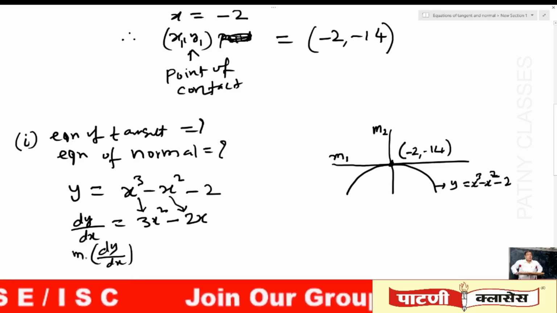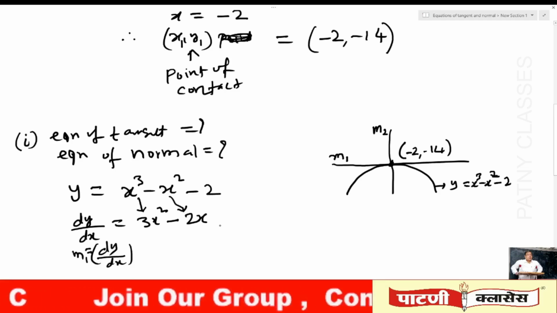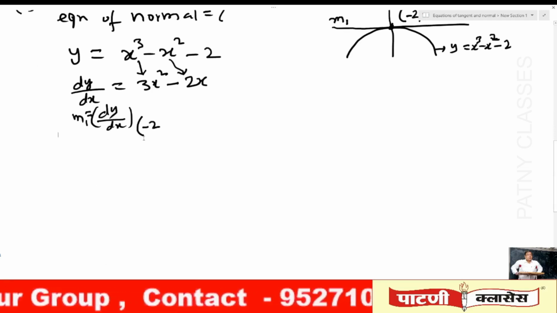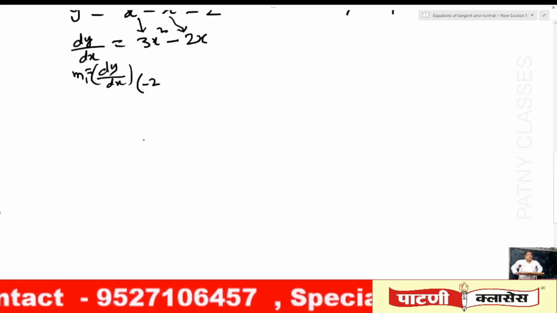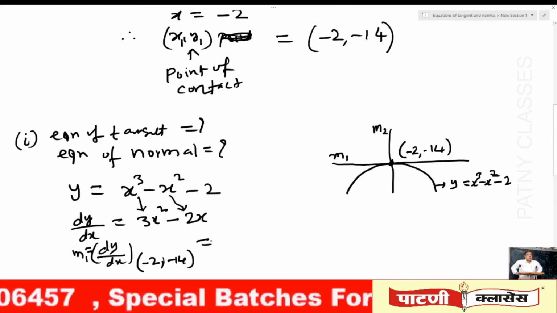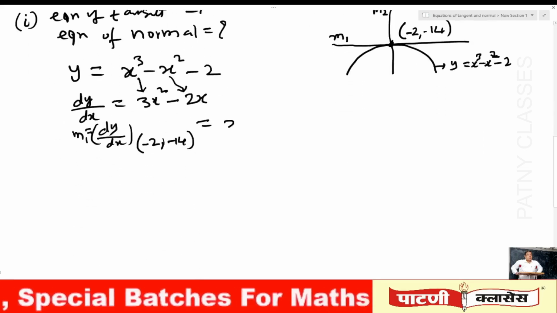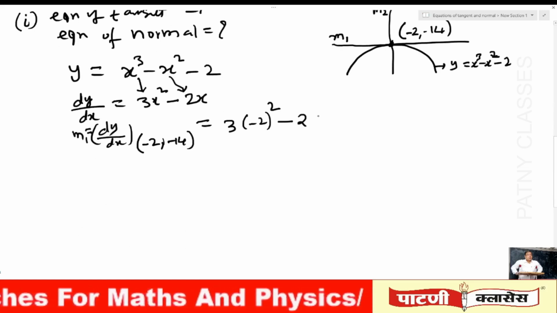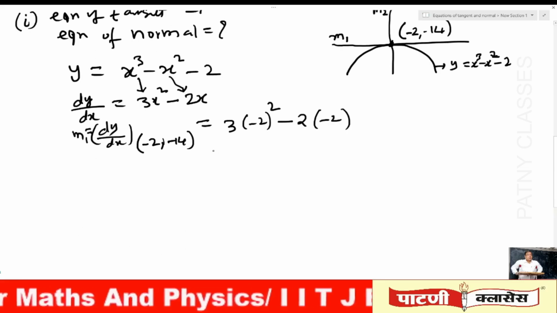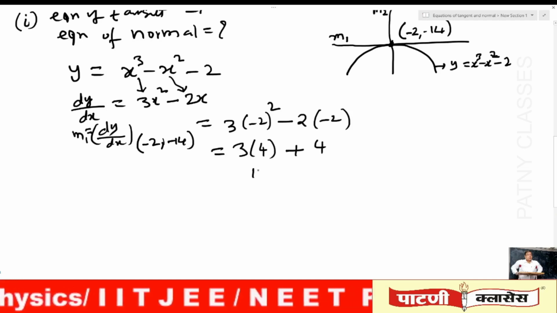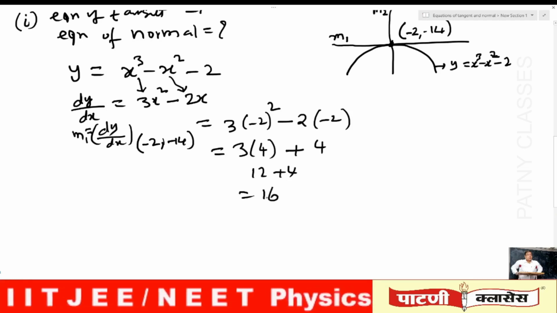Now we need to find m1. So m1 is dy by dx at the point (-2, -14), which equals 3 into (-2) square minus 2 into -2. So we get 3 times 4, that is 12, plus 4, equal to 16.